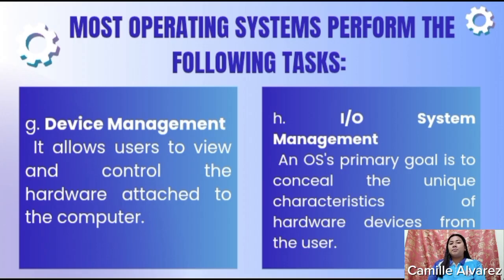Next is input-output system management. It refers to the process of controlling and coordinating the flow of data between the computer system and external devices. The main objective is for the operating system to hide the peculiarities of hardware devices from the user. Examples are the keyboard, mouse, monitor, printer, hard disk, network card, scanner, and microphone.